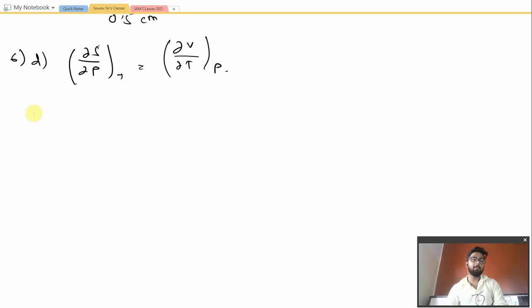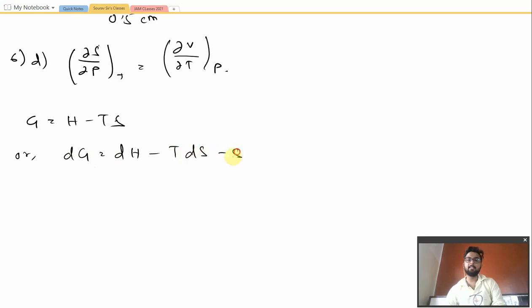From the free energy, from the second law of thermodynamics, we know that G is equal to H minus TS. Differentiating this equation we get dG is equal to dH minus TdS minus SdT.